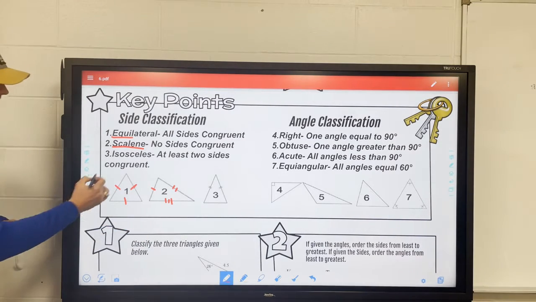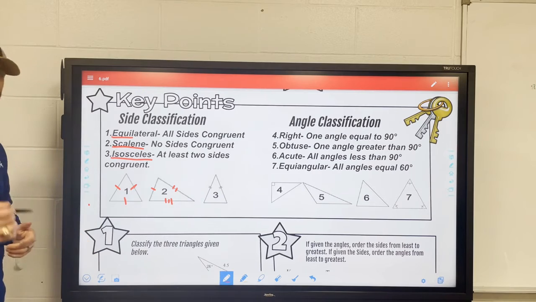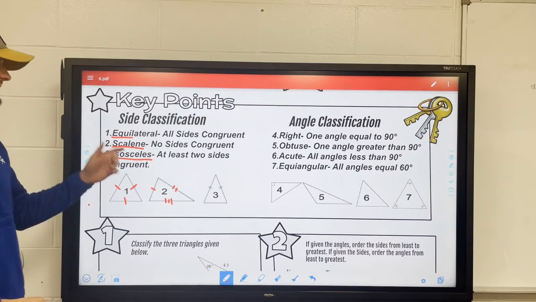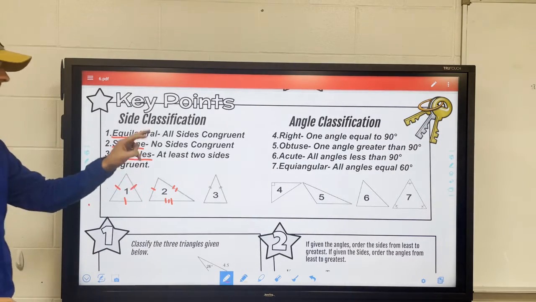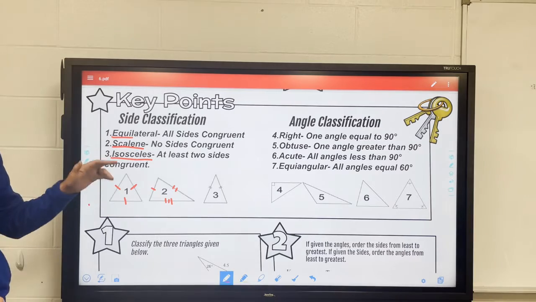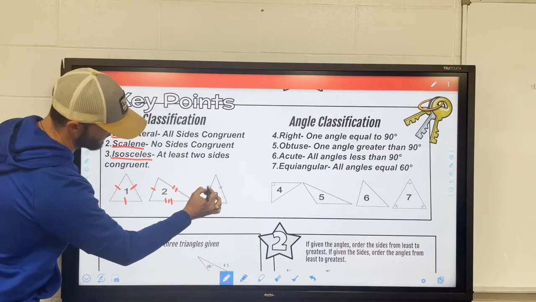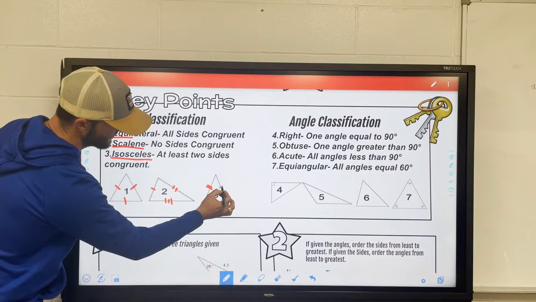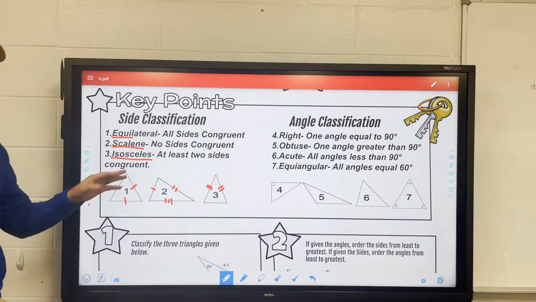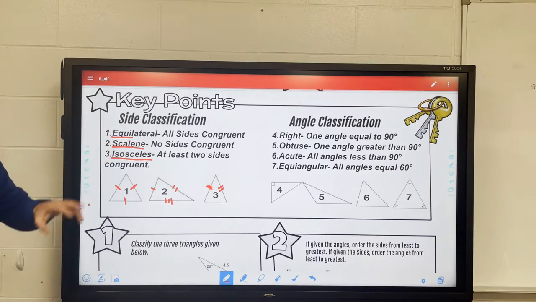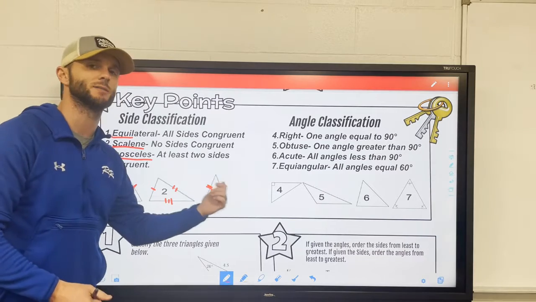And then lastly is the isosceles triangle, which you guys have already learned, but the isosceles triangle means at least 2 sides of the triangle are congruent to each other. So if we look at example number 3 here, I have 2 marks on this side, I have 2 marks on this side, and that means those 2 sides are congruent to each other. So that makes this an isosceles triangle.